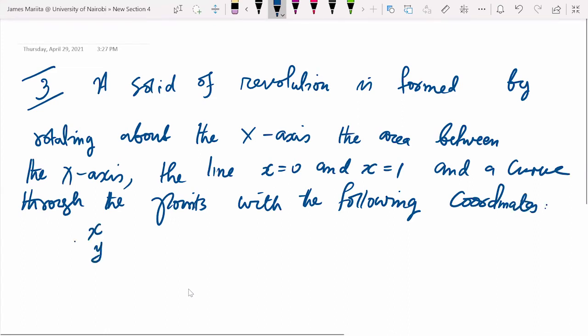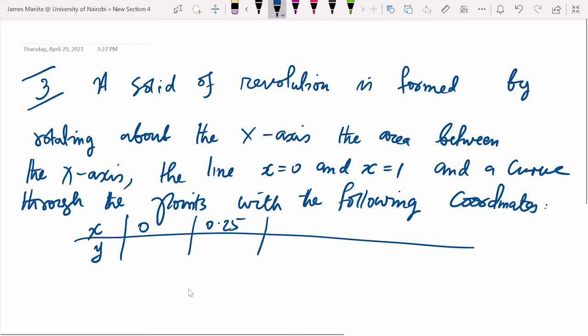So we have x and y: 0, 0.25, 0.5, 0.75, and 1.0, with y values 1.96, 0.89, 0.8415.